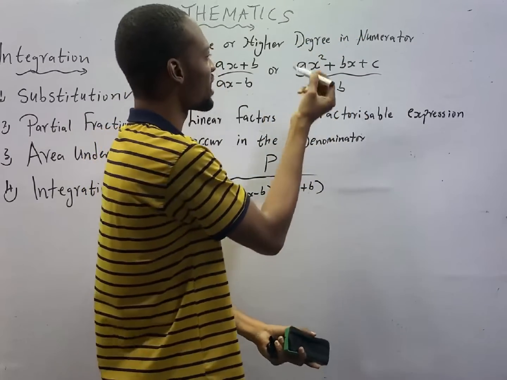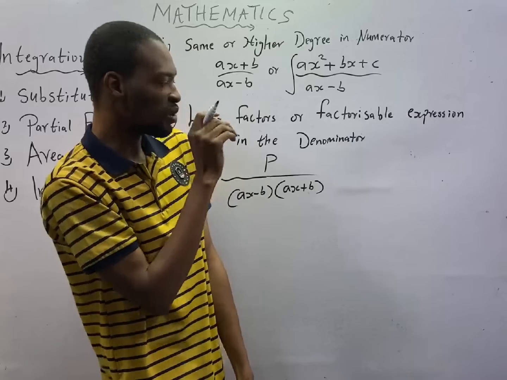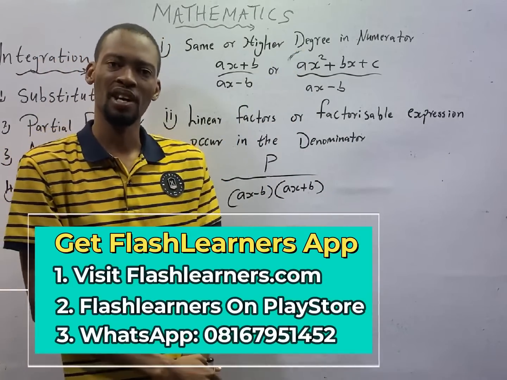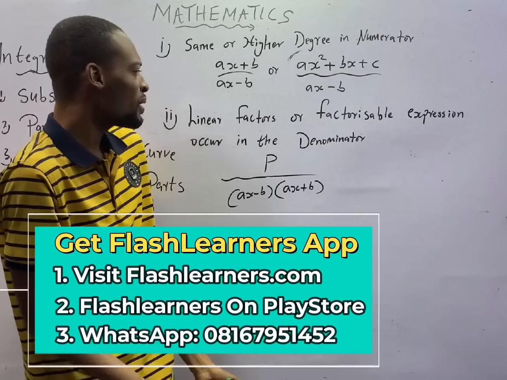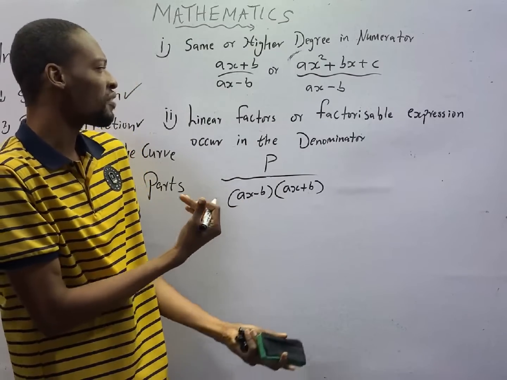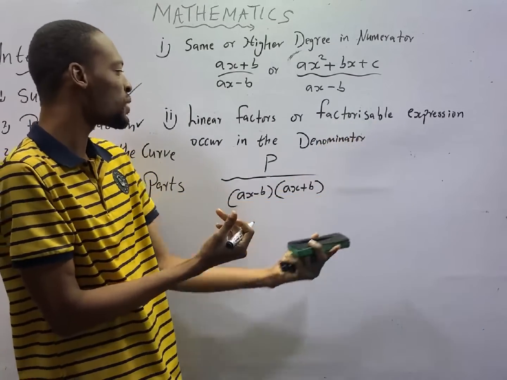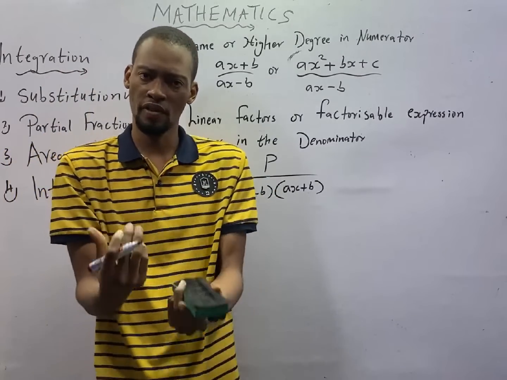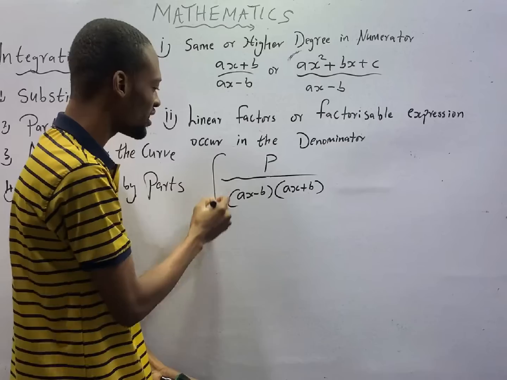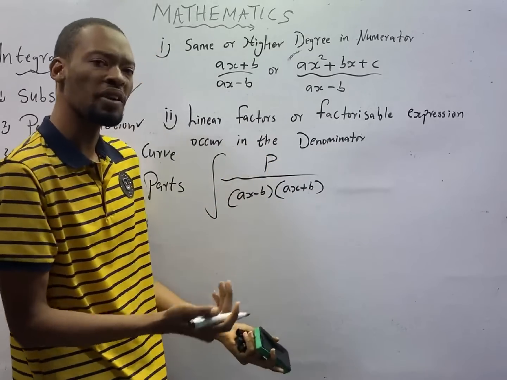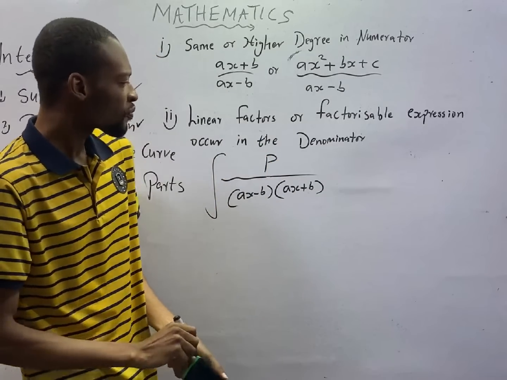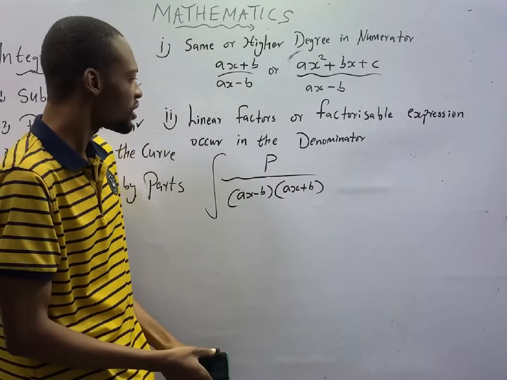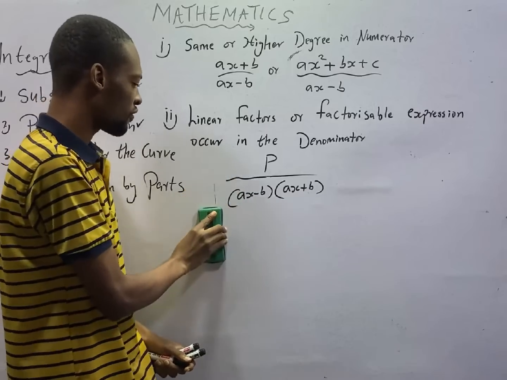So if you are given something like this to integrate, you are absolutely going to use integration by partial fraction. Similarly, when you have linear factors or factorizable expression in the denominator, you integrate using partial fraction. If I give you an expression like this, maybe s at the top or whatever, you see that the denominator is factorizable. So here, you use partial fraction.